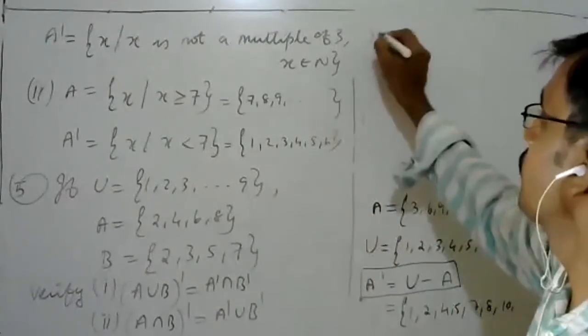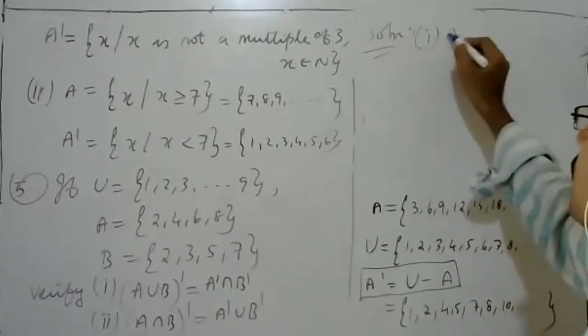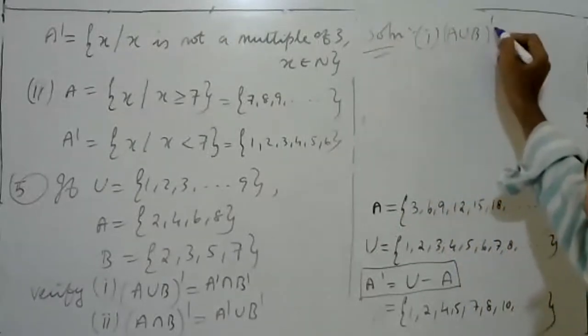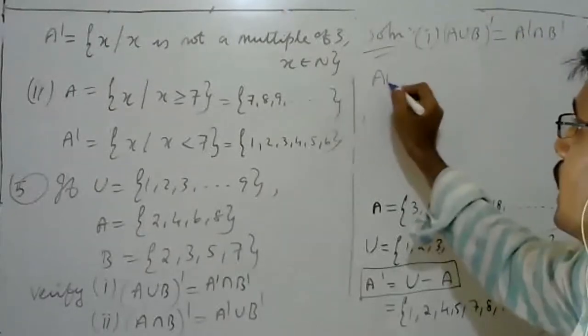Now come to the first problem solution. What we have to prove is that A union B the whole complement is equal to A complement intersection B complement. What is your A union B?